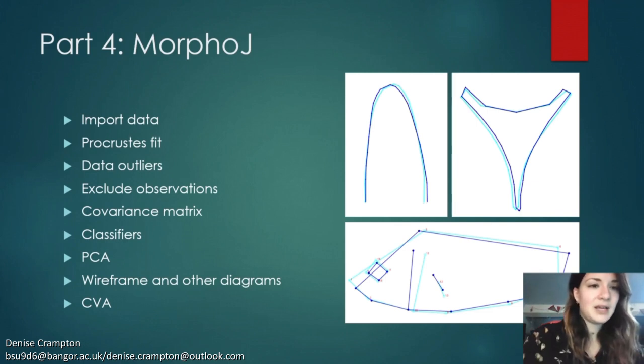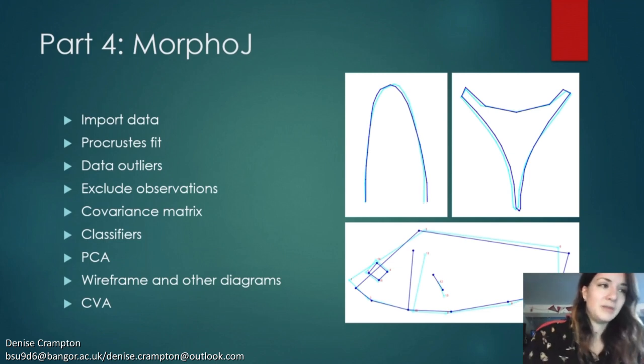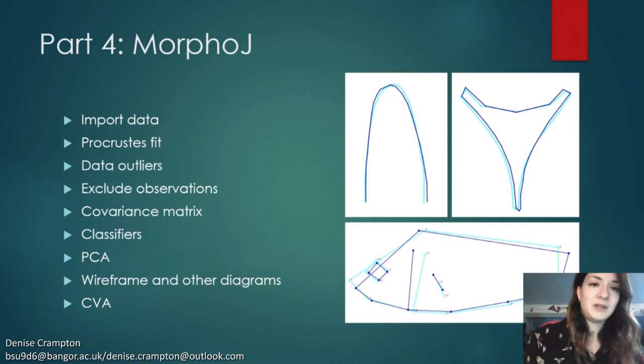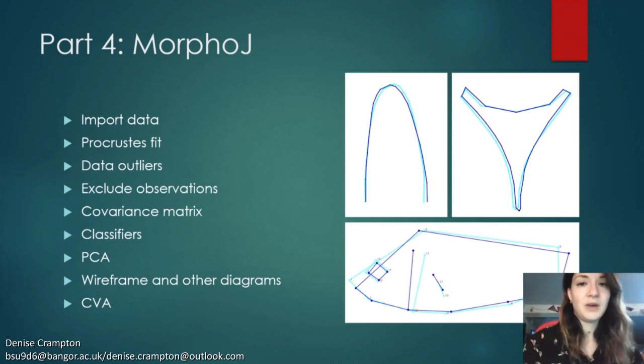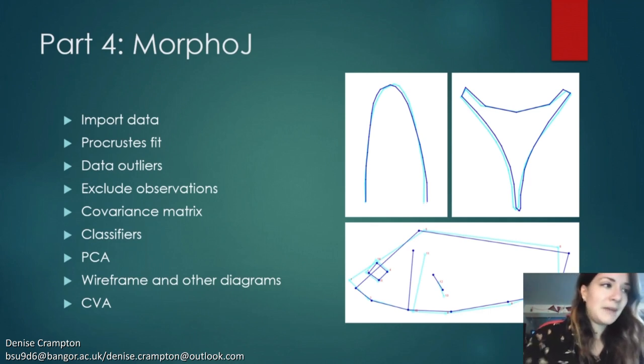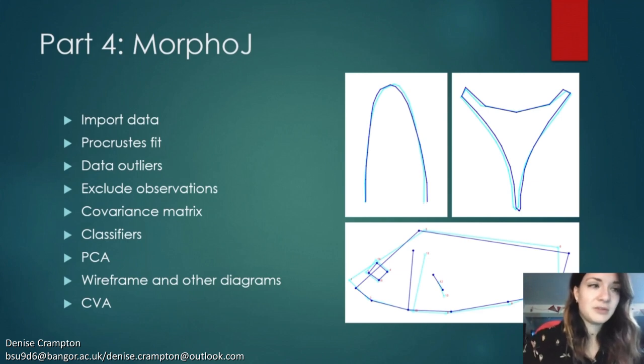I'm going to show you how to import the data, how to do a Procrustes superimposition, which I explained in the introduction, how to remove data outliers and exclude observations, a covariance matrix, how to do a principal components analysis to show the major shape variation, how to represent the mean shape and shape variation in wireframes, transformation grids, and lollipop diagrams, and how to do a canonical variate analysis or a discriminant analysis, which is a method used to find shape features which maximize the separation between groups, and also to see how distinct the groups really are.